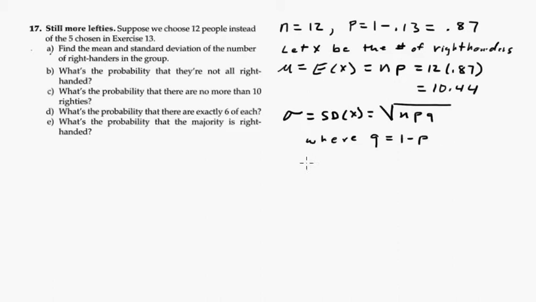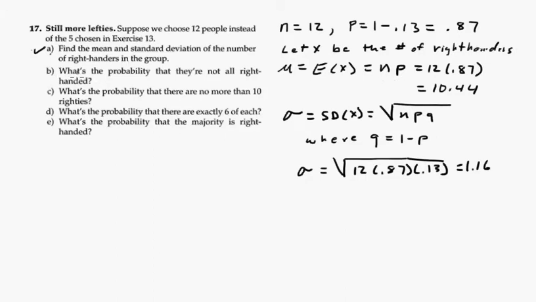So the standard deviation then is going to equal the square root of 12 times 0.87 times 0.13. That comes out to be 1.16. Okay, so that's how you do A. You just have to know these formulas. This one and this one.